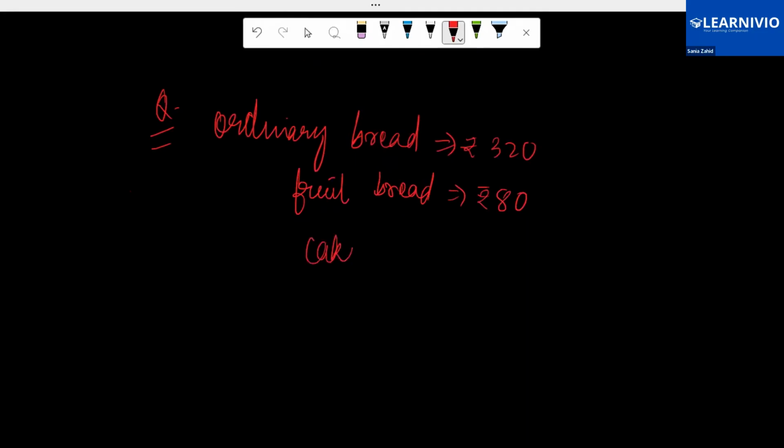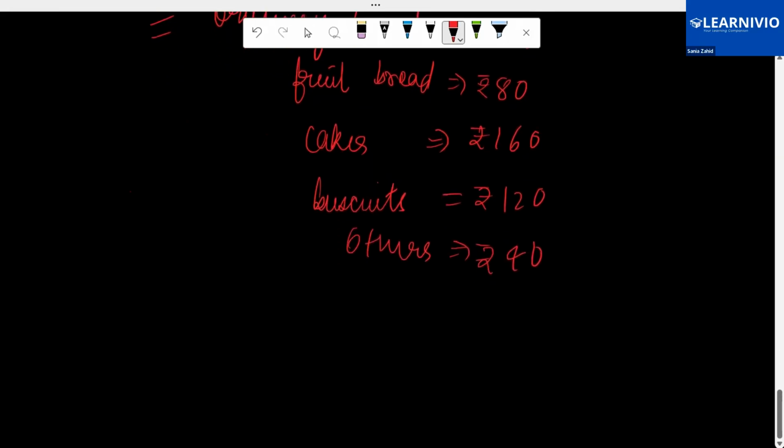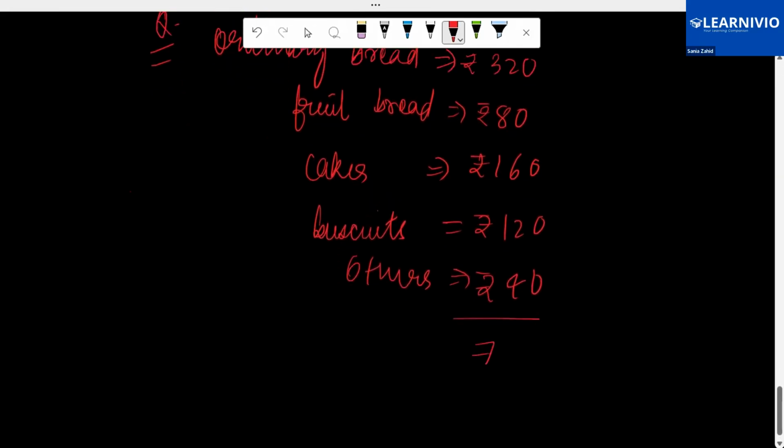Cakes and pastries are 160 rupees. Biscuits are 120 rupees again. And other items were 40 rupees. So this is a bill of a certain person and the total bill accounts for 720 rupees. So you have to draw a pie chart for this bill.